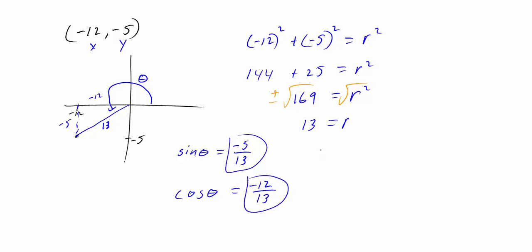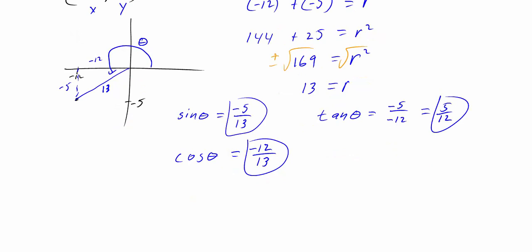And then if we want to calculate the tangent of the angle, that's simply going to be y over x. So that would be -5 over -12. And keep in mind here, we have two negatives, so that would turn out to be a positive 5 over 12. So here we have the sine, cosine, and tangent. And of course, from here, you could actually calculate the other three by simply taking the reciprocal.